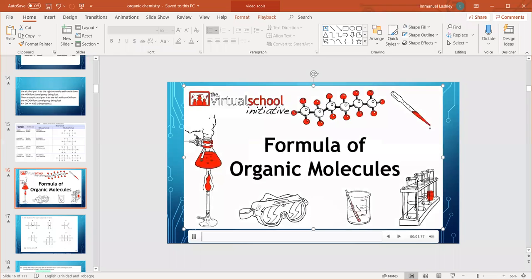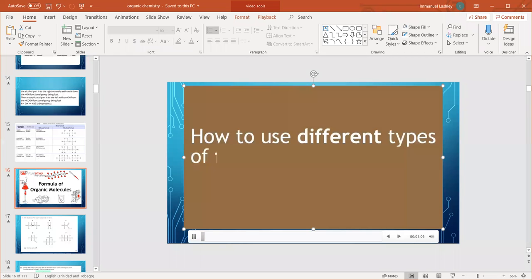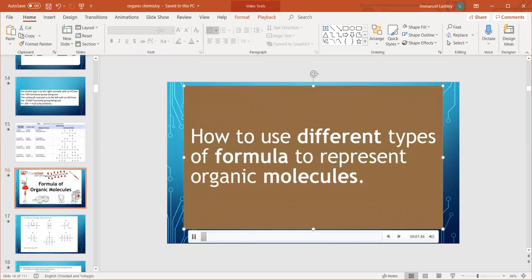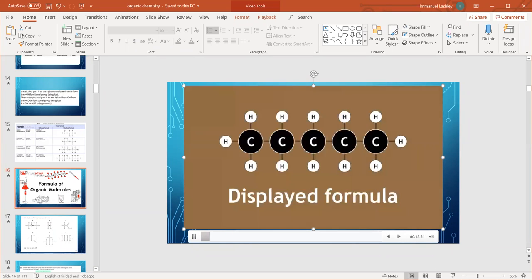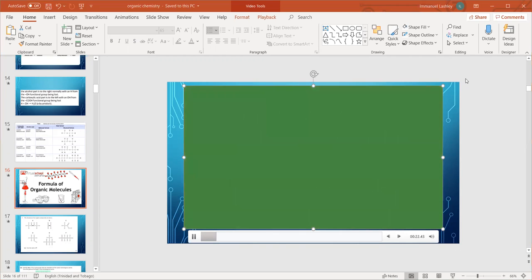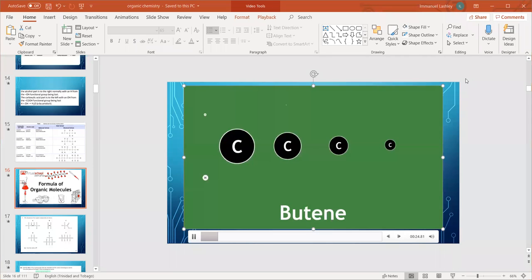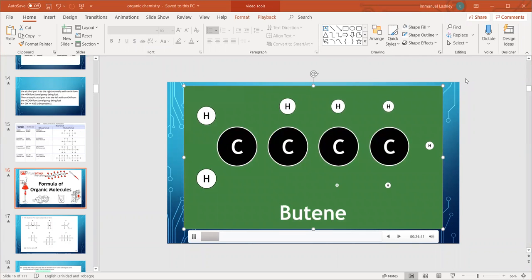In this video, you will learn how to use different types of formula to represent organic molecules. The formula used most frequently in our videos has been the displayed formula. This is because displayed formula provides the clearest visual structure of an organic molecule. Here is the molecule butene, shown in displayed formula. It shows all the atoms in the correct order with lines to represent all single and double covalent bonds. Drawing all the bonds for very common molecules can be quite repetitive.